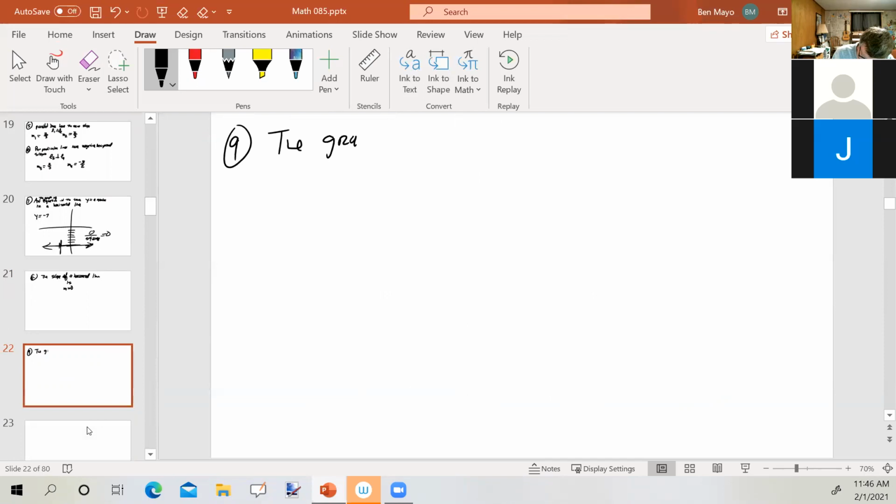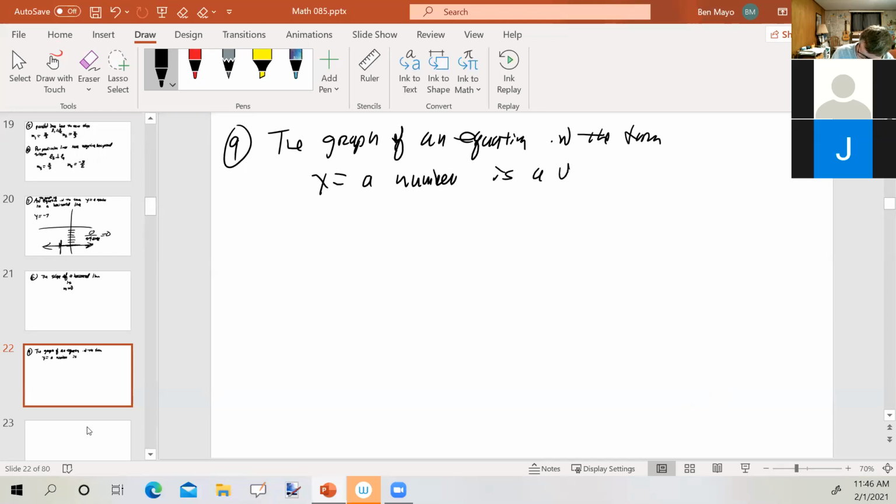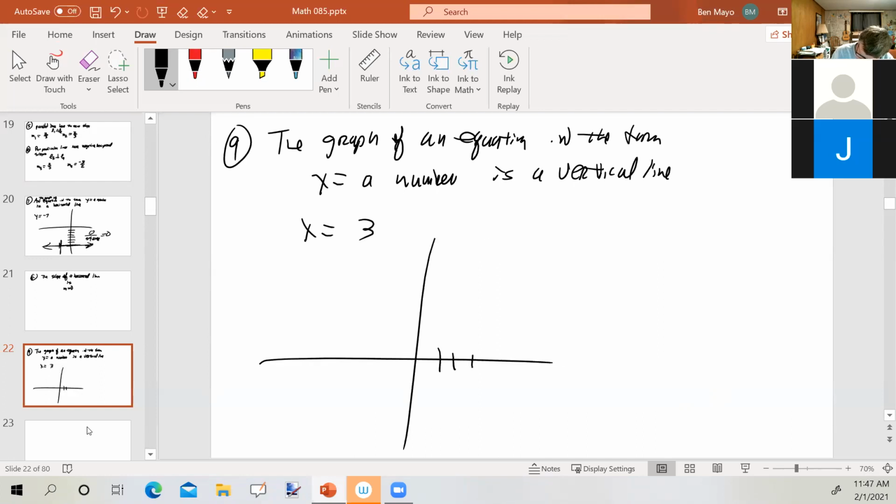The graph of an equation in the form x equals a number is a vertical line. So x equals 3 would be a vertical line.